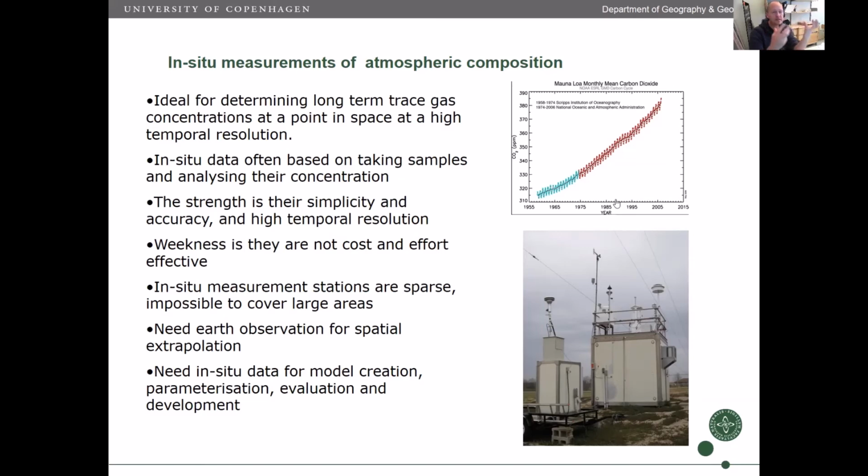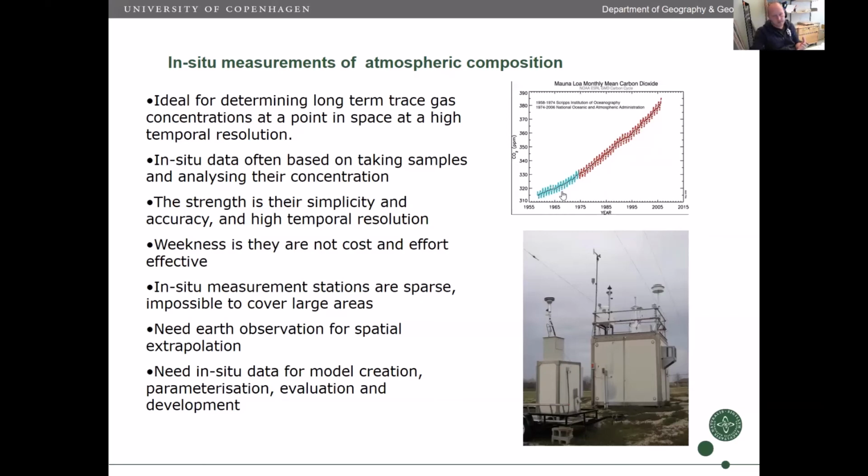This is extremely important because it gives us very accurate estimates. And we can do this continuously at the point to get long, nice temporal time series, such as the long time series of carbon dioxide concentration from Mauna Loa, which you have probably all seen, where we can get estimates of the exact concentration of carbon dioxide in air.